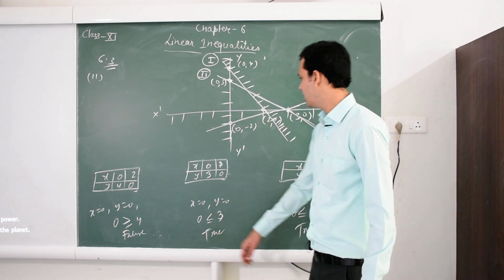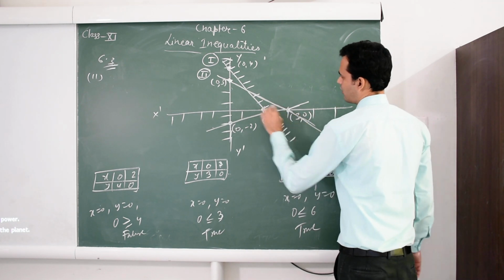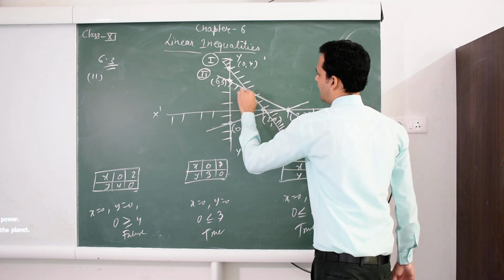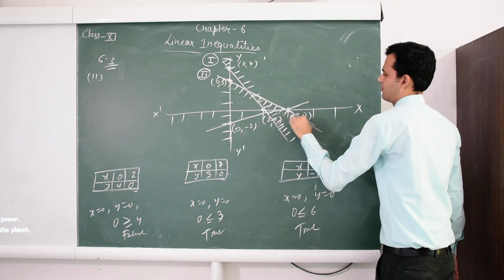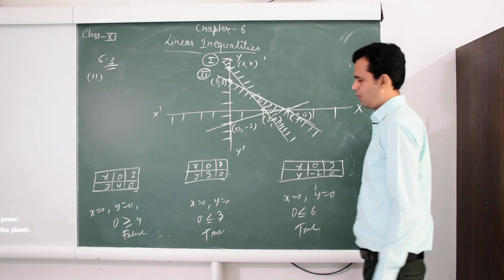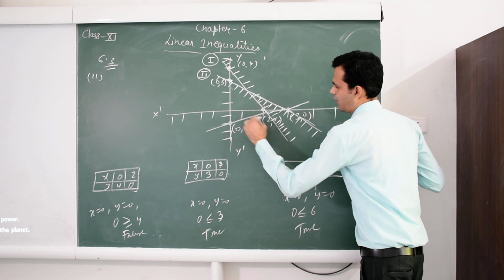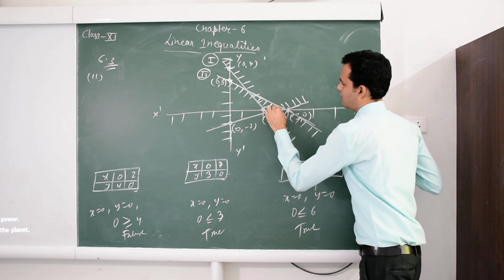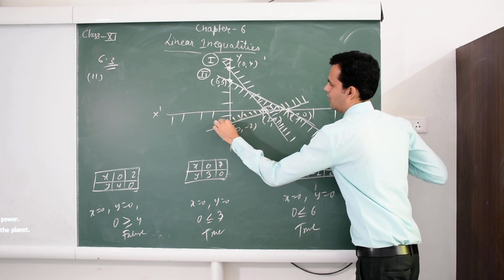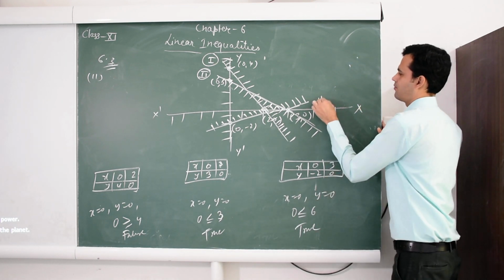Then for the second, the condition is true, so the shaded portion of the second is this. And for the third, the condition is true, and if the condition is true, then the shading is towards the origin. So this is the third.